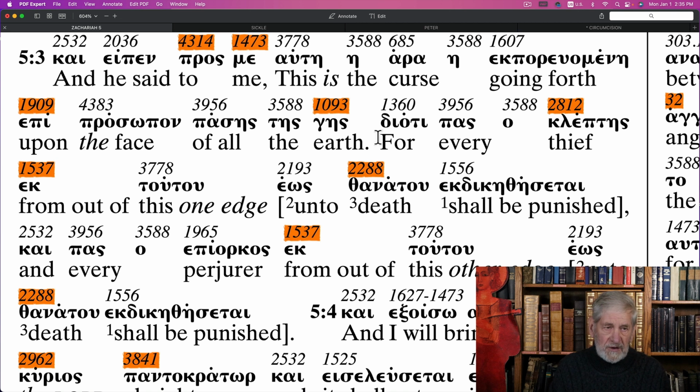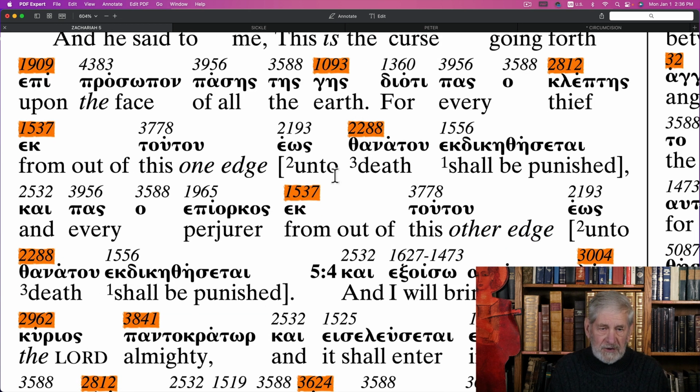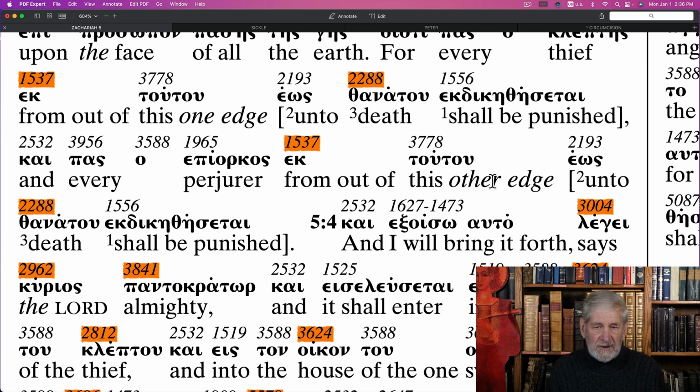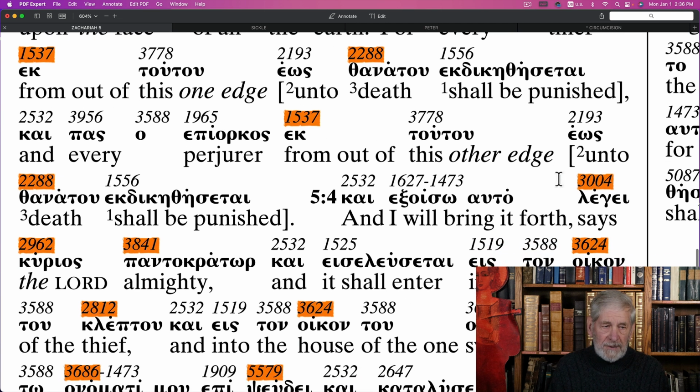And it continues then, "For every thief from out of this one edge shall be punished unto death, and every perjurer from out of this other edge shall be punished unto death."